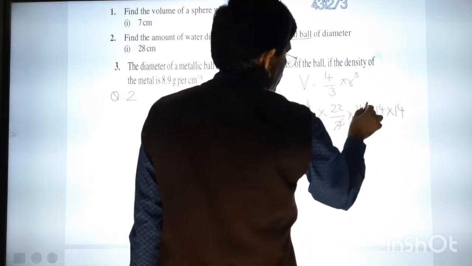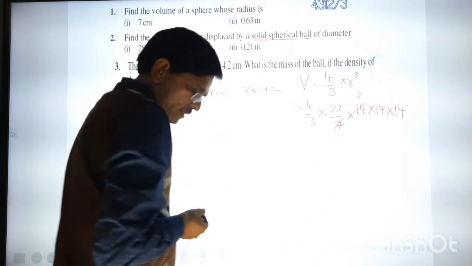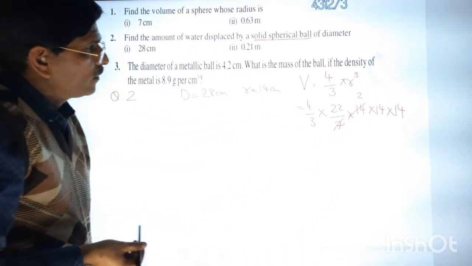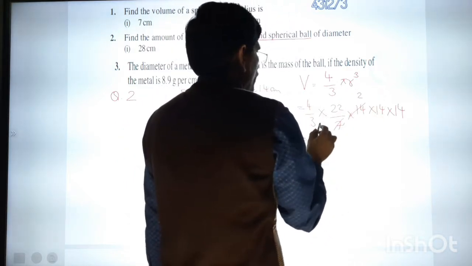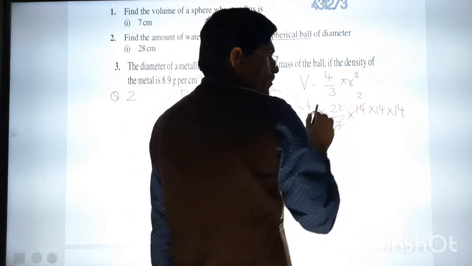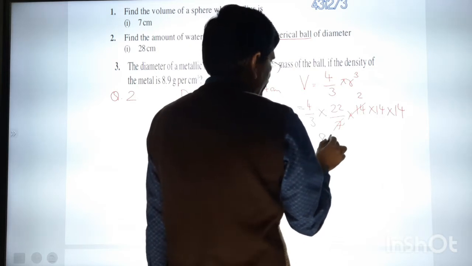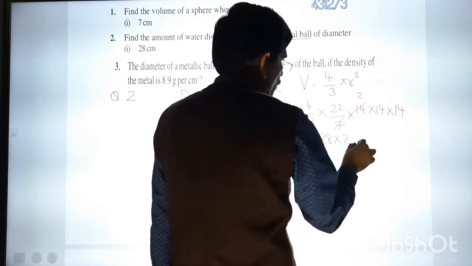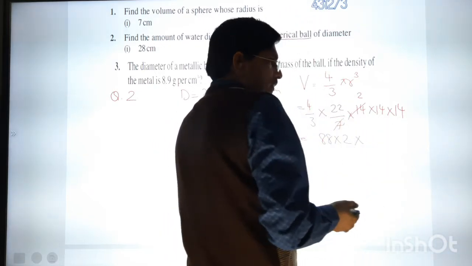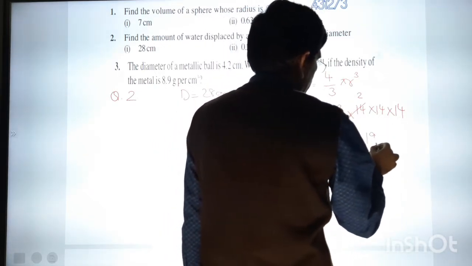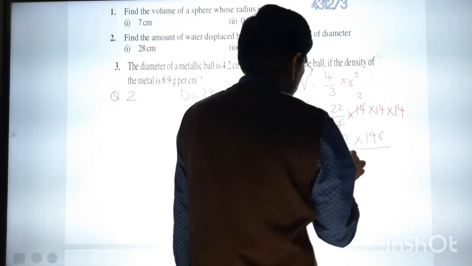If I do the cancellation, 7 goes into 14 two times. Now 4 into 22 into 2, so 88 into 2 is 176. 14 square is 196, divided by 3.